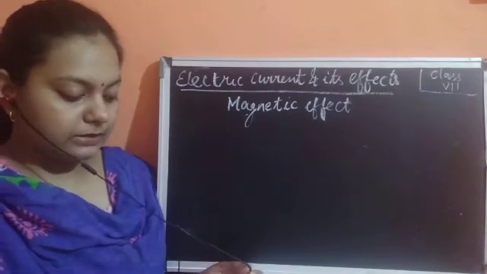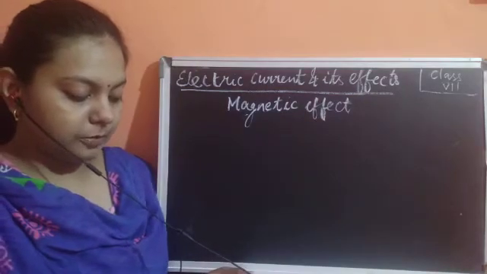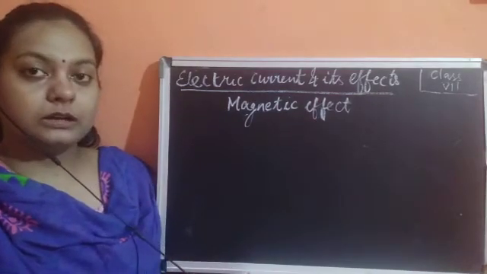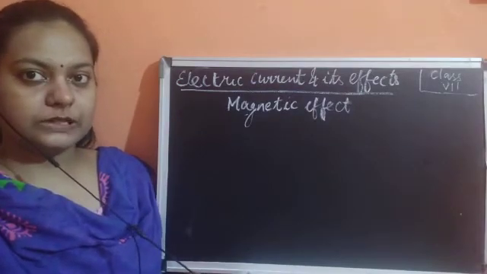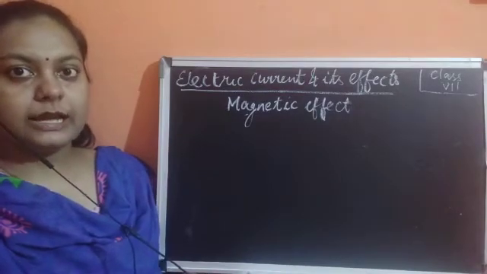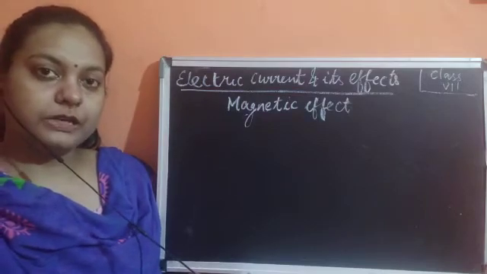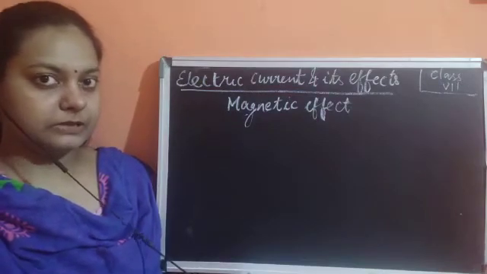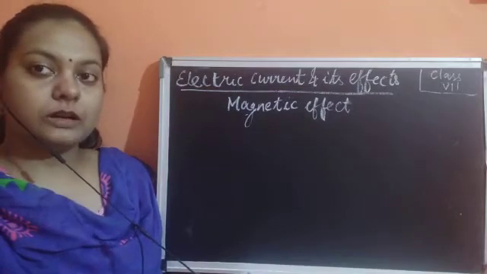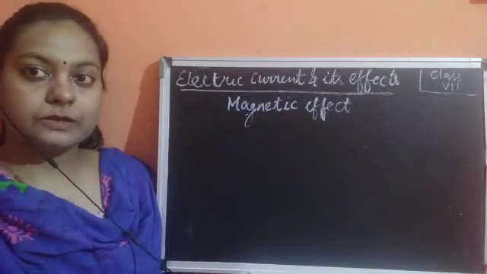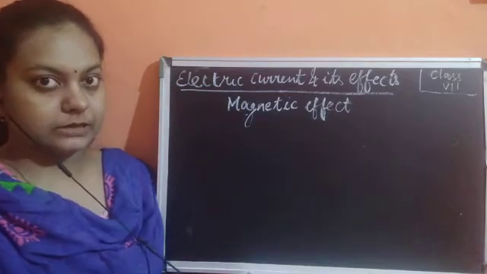Then we discussed the effects of current. Before that, we also saw the symbols used in electric circuits. The components of an electric circuit can be represented in short form using symbols, which are useful for making circuit diagrams.